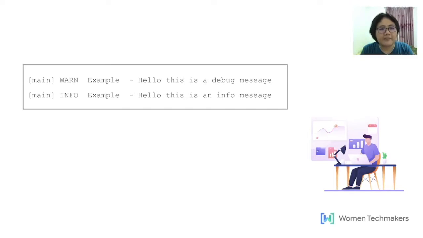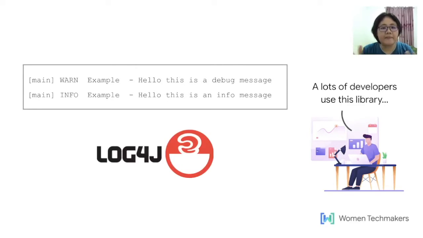And another example is that in your application, you might use some logging, right? And in many programming languages, there is usually one popular library for logging. In Java, log4j is the popular library for logging. And because it is so popular, it has almost become the default logging used in Java applications.